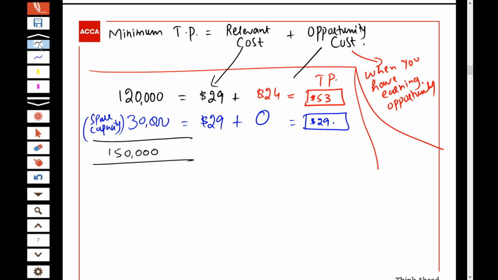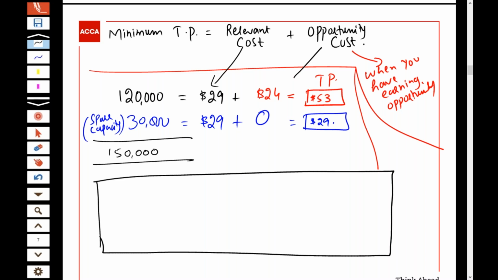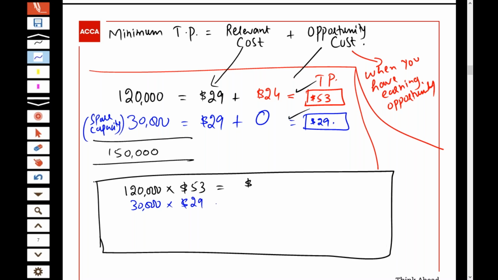Now what will be my answer, sir? The answer will be this: 120,000 multiplied by 53 will be the sales, and 30,000 will be supplied at 29.